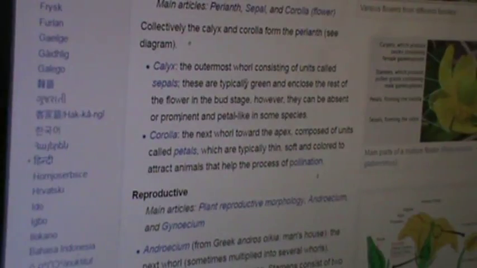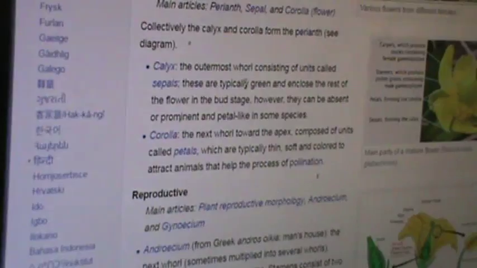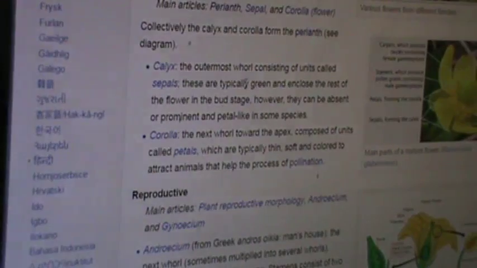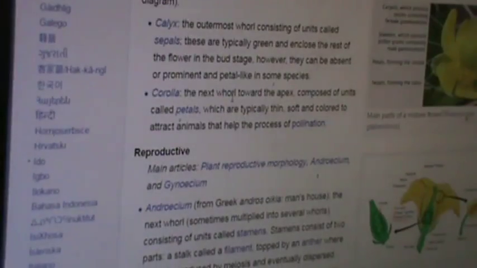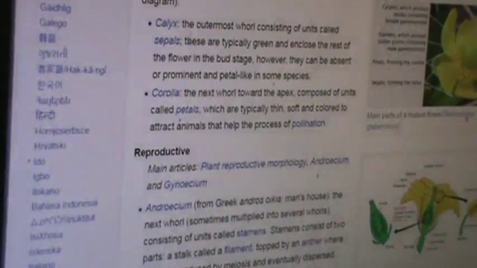The outermost whorl consisting of units called sepals. Right. So, okay, corolla is on top.